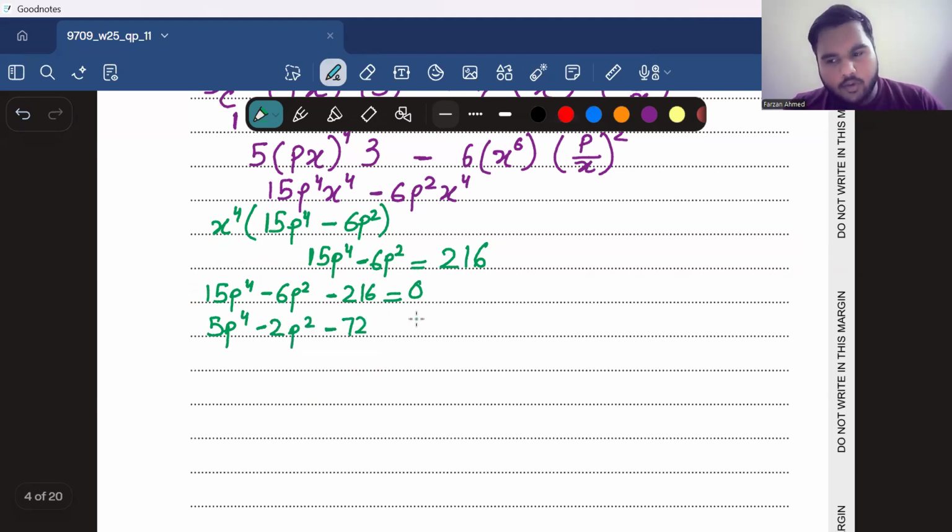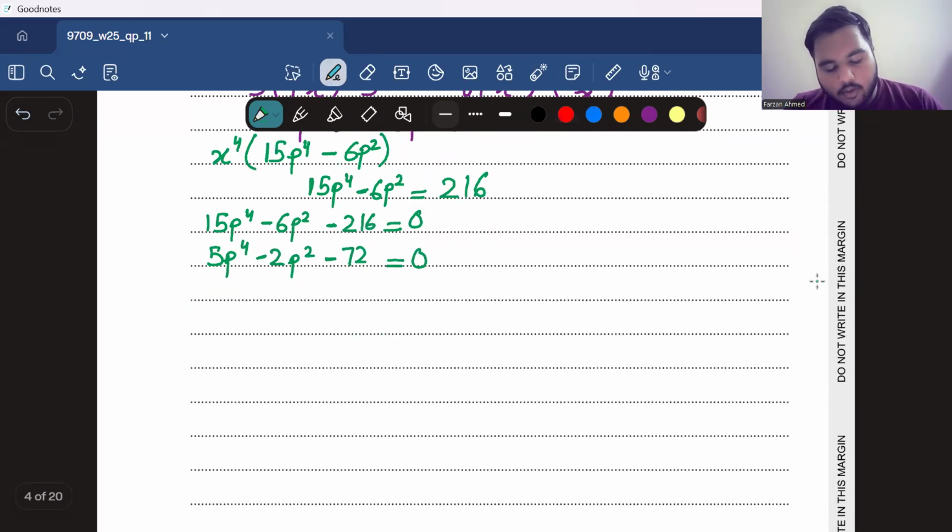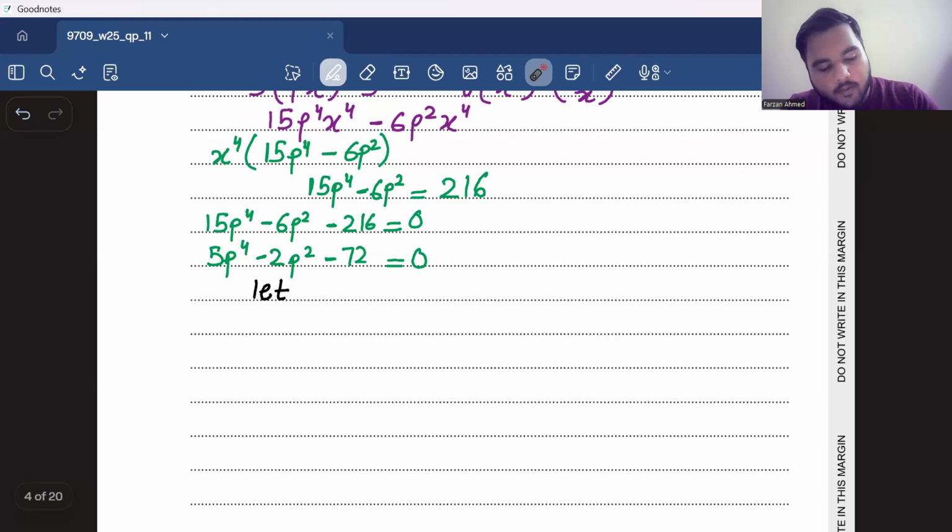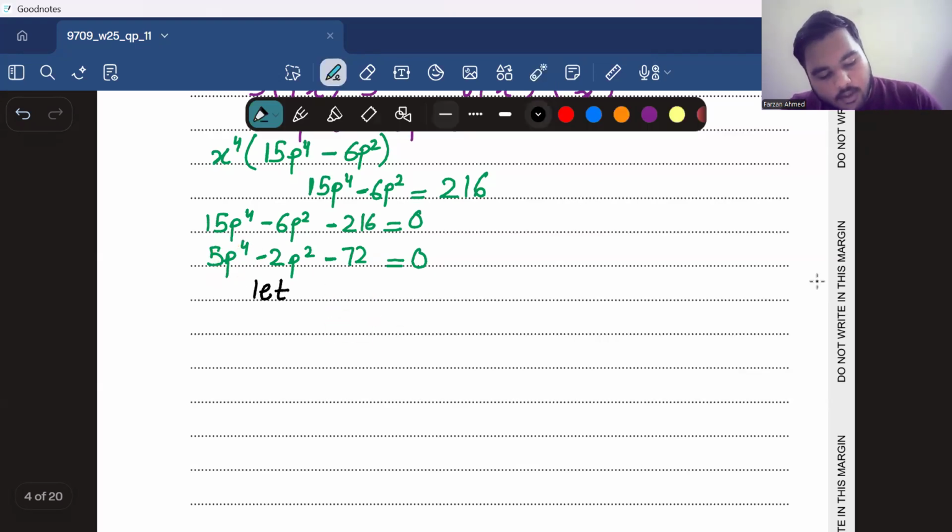Now, I told the students that we use a method like this. We assume these things. If we have p raised to power 4, we will write u squared equals p raised to power 4 and u equals p squared. So it is easy to solve.